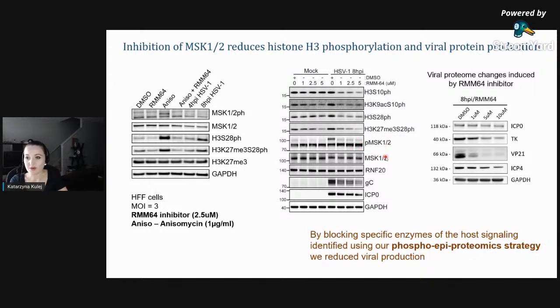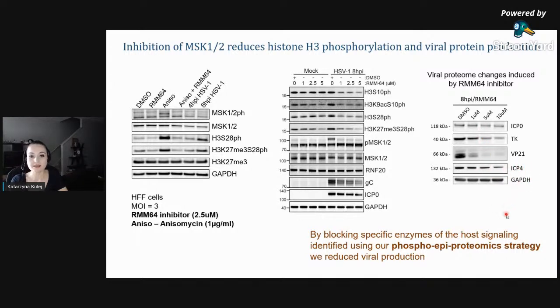And what was very interesting is that we don't see much effect on the early viral proteins, but on the late ones. So gC, which is an example, is indeed affected by the blocking of the S28 phosphorylation and the blocking of the MSK kinase. To check this, we also validated two other late proteins, TK and VP21, and we saw the same picture. So indeed, the blocking of S28 phosphorylation blocks the late viral gene expression, but not the early much.